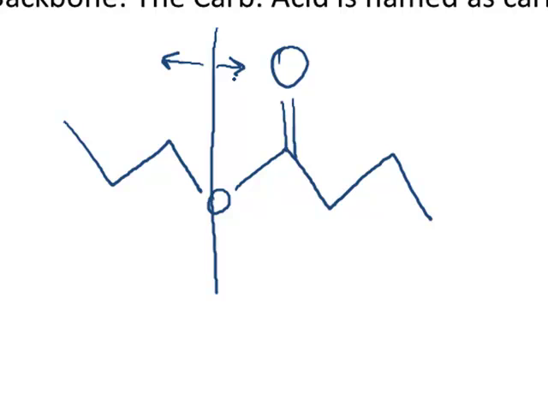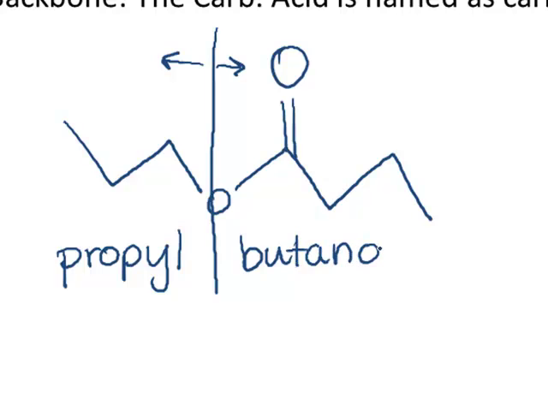So now to name this molecule. My substituent in this case contains 3 carbons, so I'll call it the propyl substituent. If I needed to synthesize this molecule, I would have used propanol to do it. Now to name the backbone. There's a total of 1, 2, 3, 4 carbons here, so I can use either a systematic name or a common name. The systematic name for the carboxylate that contains 4 carbons is butanoate, so I could call this molecule propyl butanoate.